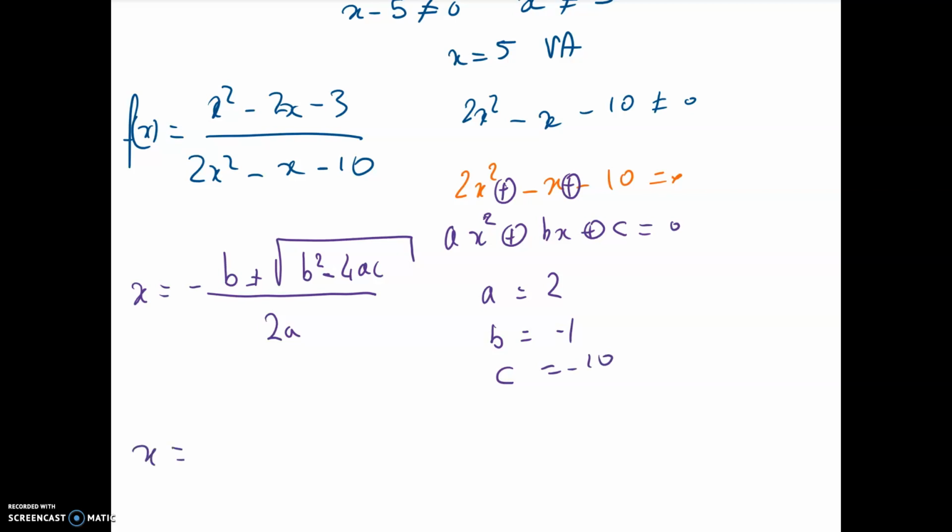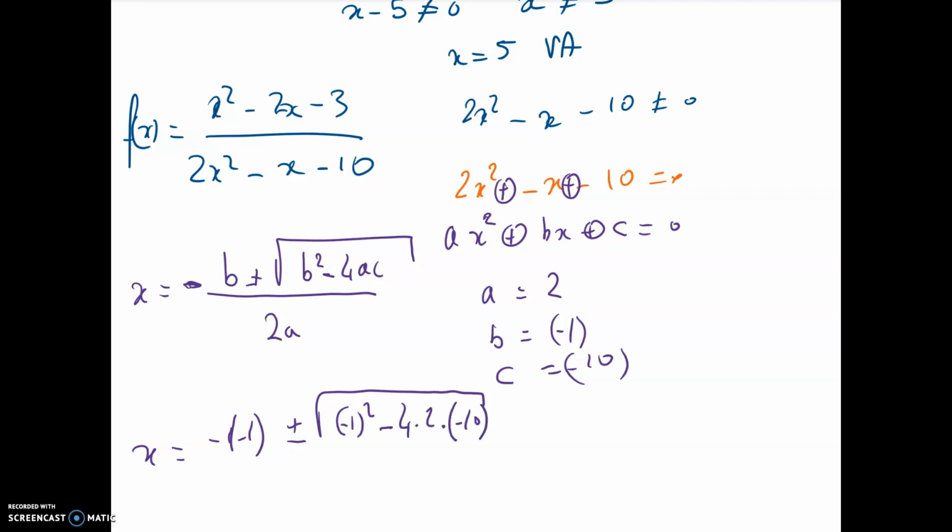Therefore, x is going to be equal to negative b, so -(-1), plus or minus the square root of (-1) squared. Every time I'm dealing with a negative number, I'm using parentheses. Minus 4 times a is positive, no need for parentheses, but c is negative, so times (-10).